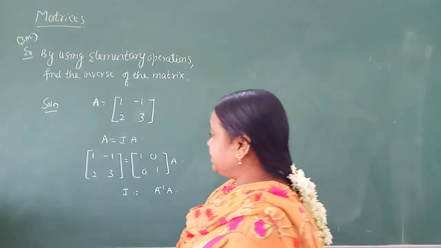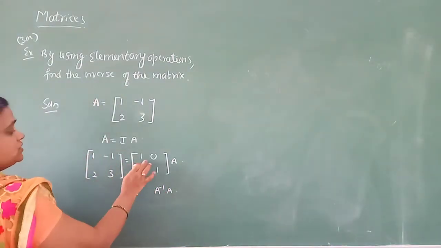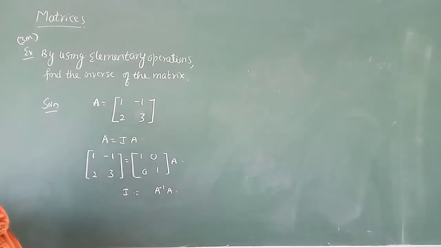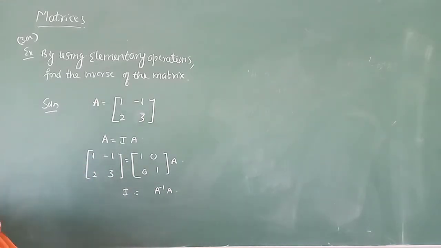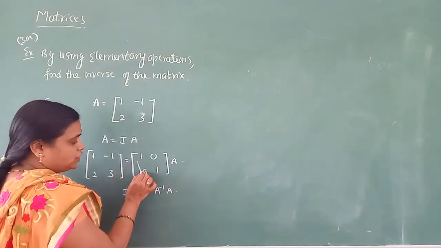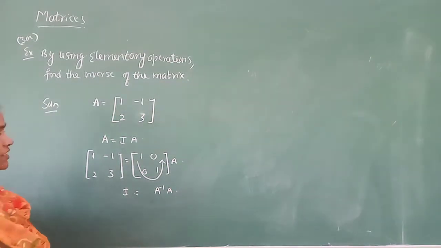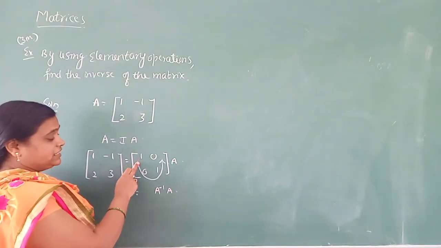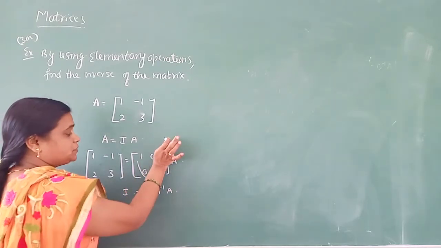Next, I want to convert this 1 minus 1 2 3 into the form of 1 0 0 1. See, the 1 is already there, no problem at all. Our steps are 1, then 0, then 1, then 0.